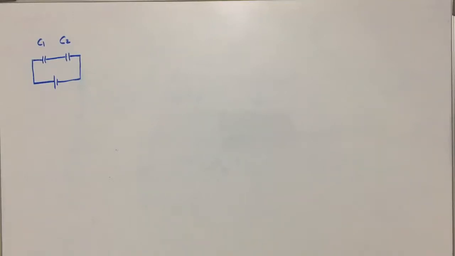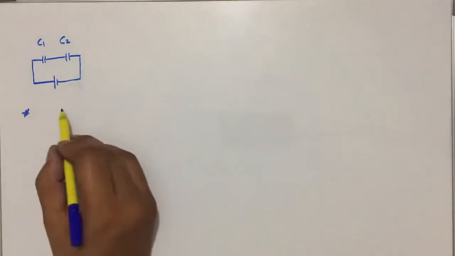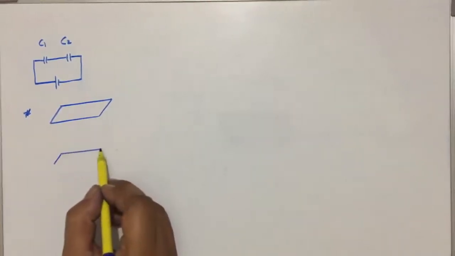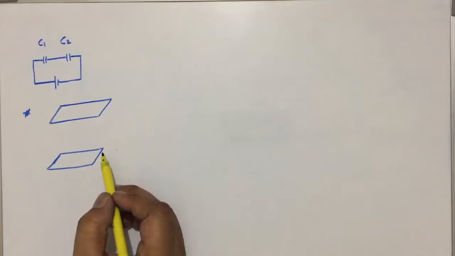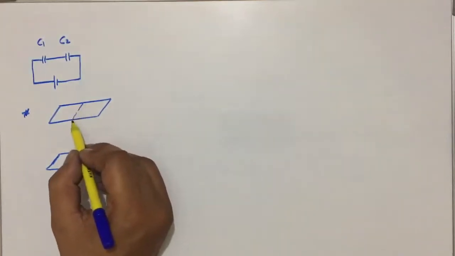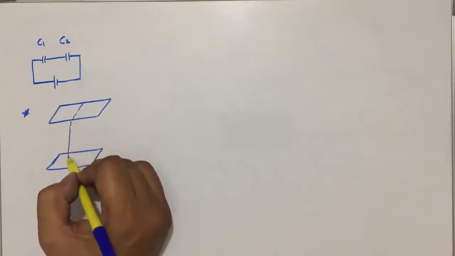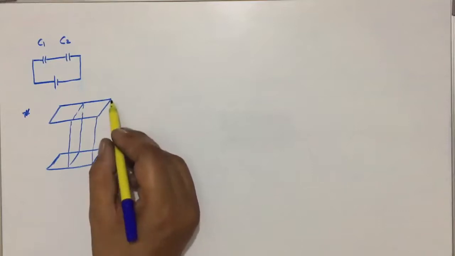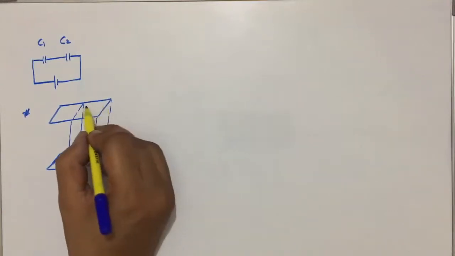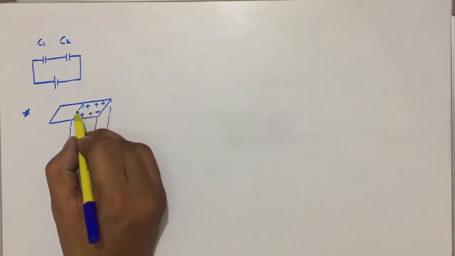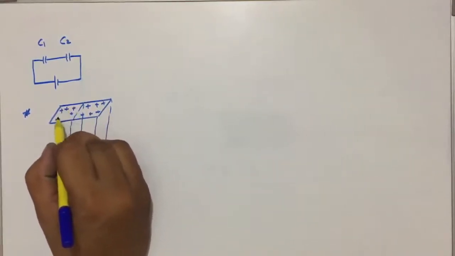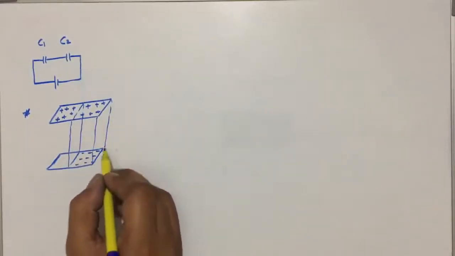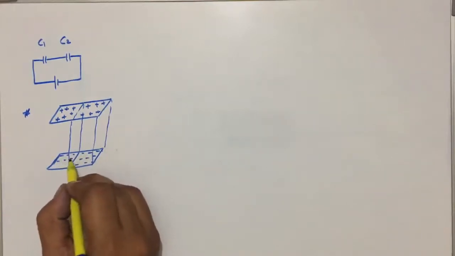Now consider the another case. If we have a parallel plate capacitor, as we have studied in the beginning, and part of it is positively charged, it is negatively charged, forming the capacitor separated by a distance d.